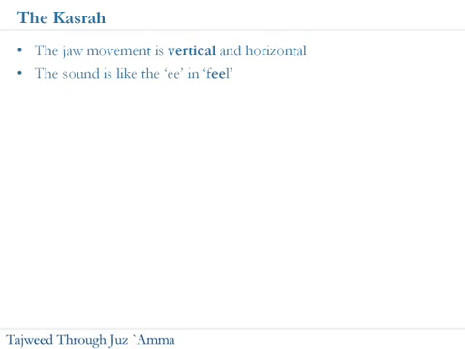So the sound of the kasra is really like E in the word feel, if you say feel properly. So if you say the word feel and open your jaws vertically and slightly horizontally. If you don't open your jaws properly vertically, you'll say feel, which is a lot more flat. So with the Arabic you must make sure that you keep the jaws opening vertically and slightly horizontally.